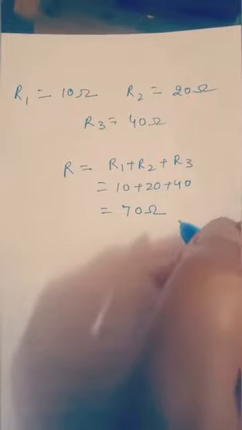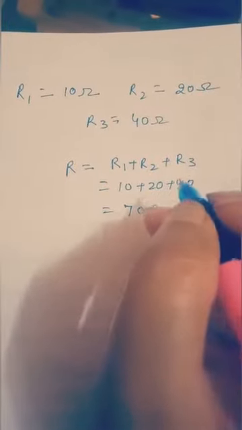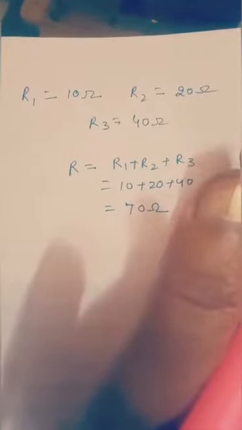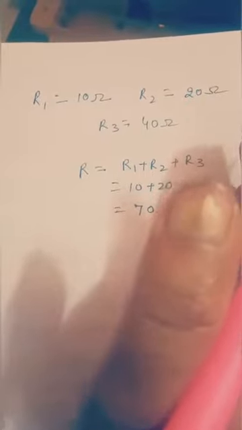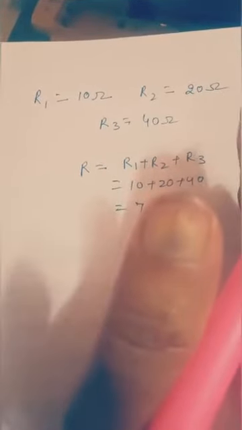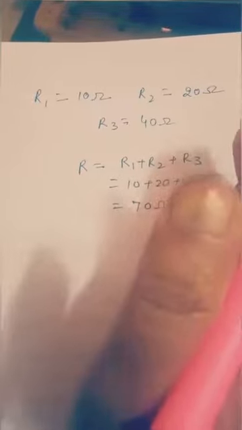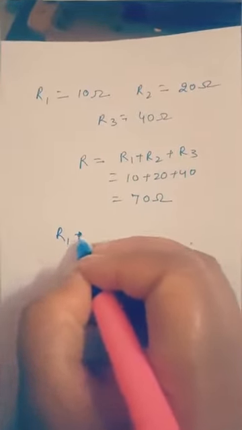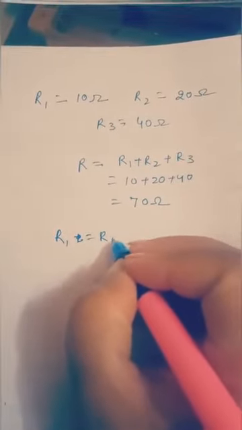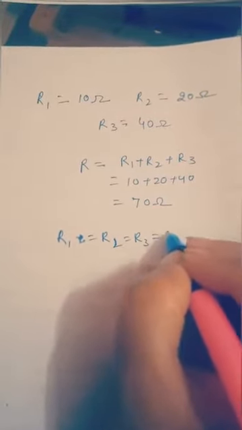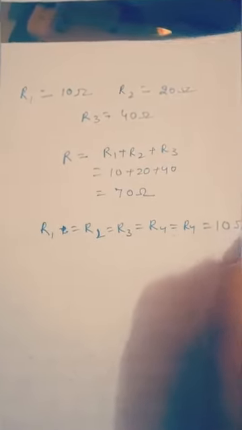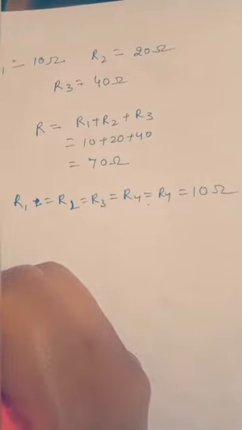Now if we consider any number of resistances, suppose 5 resistances of 10 ohms each are connected in series. So all 5 resistances are of the same value: R1, R2, R3, R4 and R5, all equal to 10 ohm.